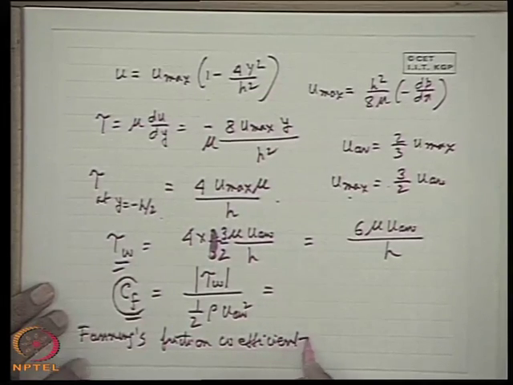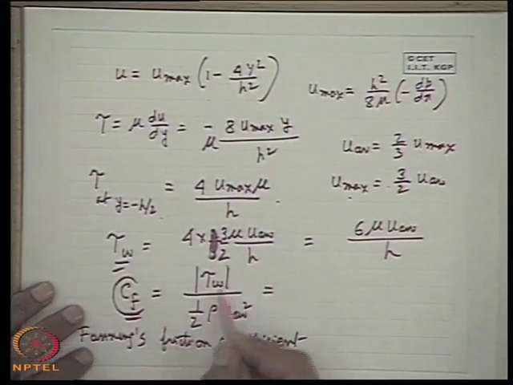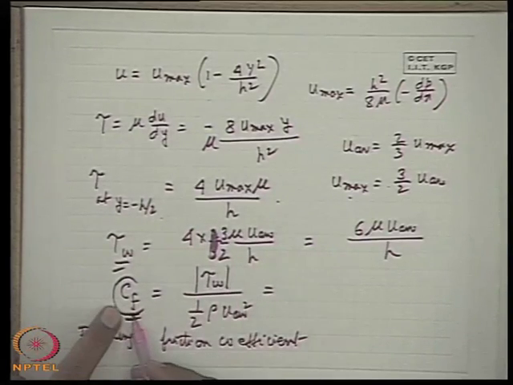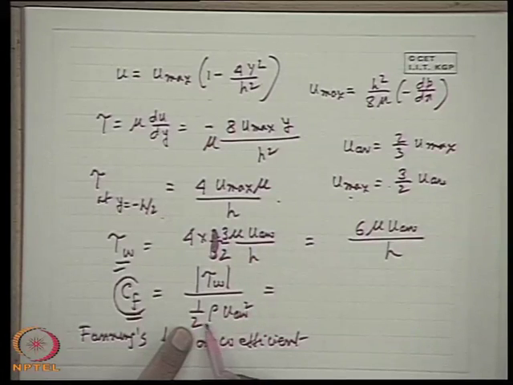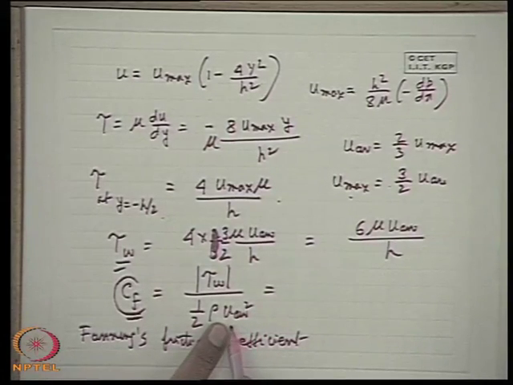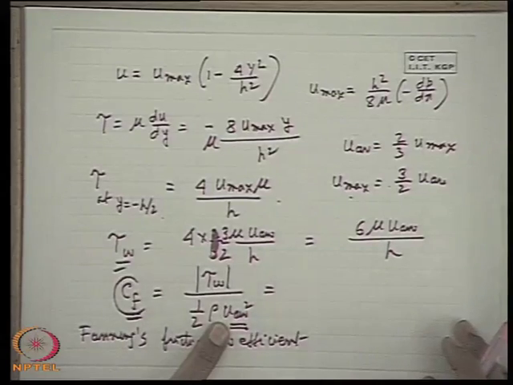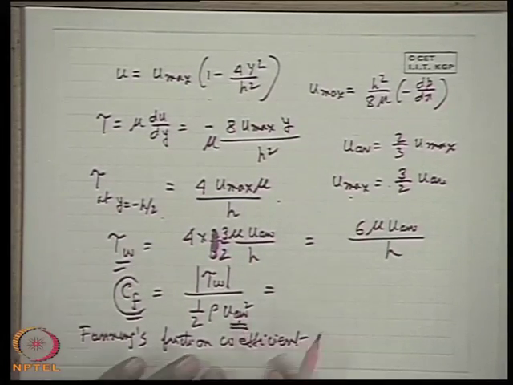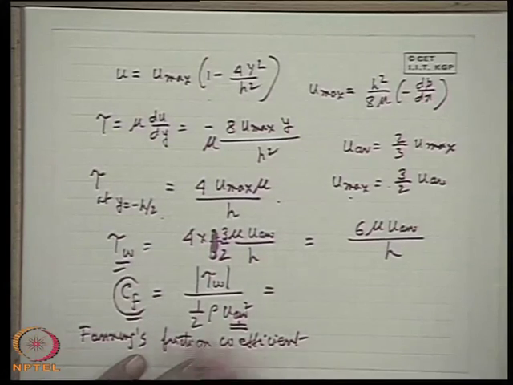So, this friction coefficient is always defined in this fashion: the absolute value of the shear stress at the wall, because this is a scalar quantity without any sign, divided by the dynamic head, half rho into velocity square, and this characteristic velocity will be the average velocity in case of flow through a duct or channel. In this case we have taken the average velocity, but when there is flow past a body, flow past a surface, then this velocity will be the free stream velocity.